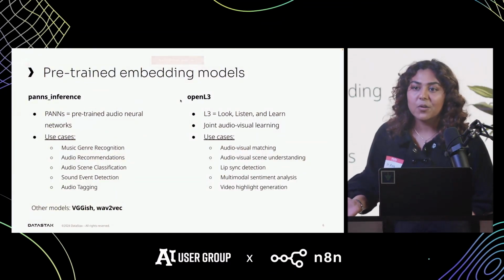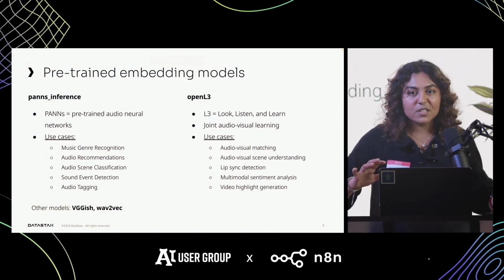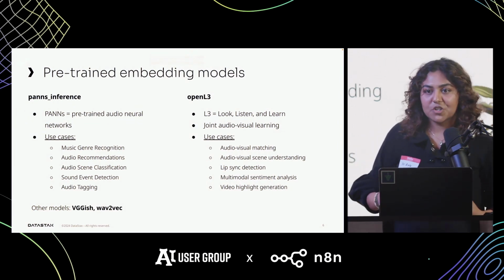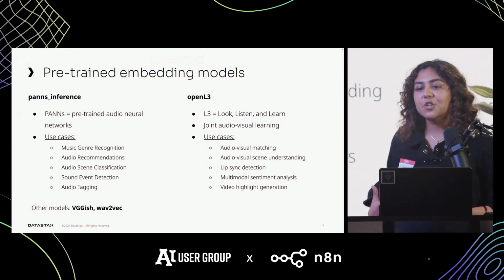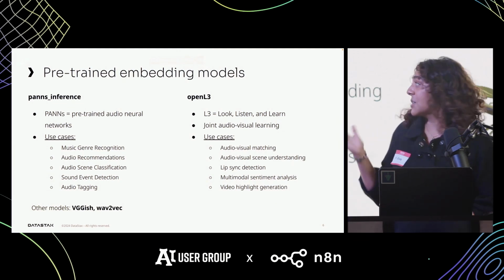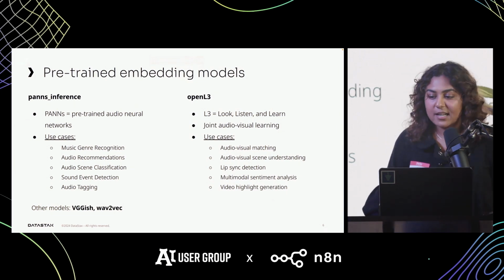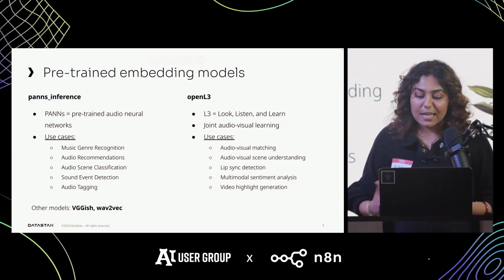And so continuing on, another cool embedding model that I was looking into was OpenL3. This model is based off of the L3 architecture, and it does joint audio and visual learning on video data. So this could be super useful for some of the use cases listed here, like audio-visual matching, scene understanding, multimodal sentiment analysis.